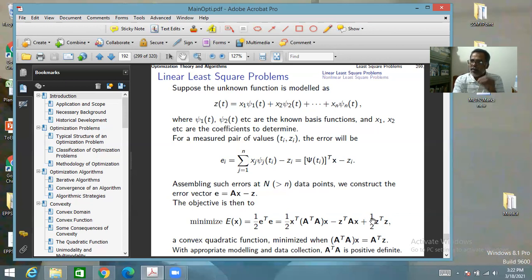And if that is very small, then you go to publish your findings. That is great modeling. And to solve this symmetric positive definite system, you can apply the simplest method for linear systems, which is Cholesky decomposition. So linear least square problems are that simple.